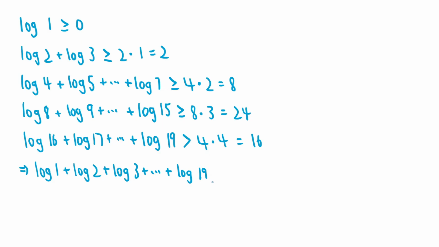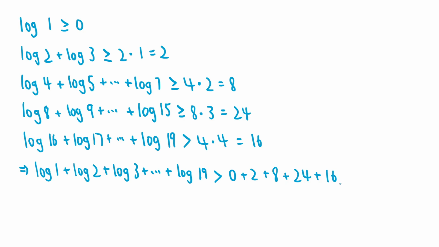For the right-hand side, we just need to sum up all the expressions on the right-hand side of each inequality. So we would end up with 0 plus 2 plus 8 plus 24 plus 16. So the sum of log terms is strictly greater than 0 plus 2 plus 8 plus 24 plus 16.